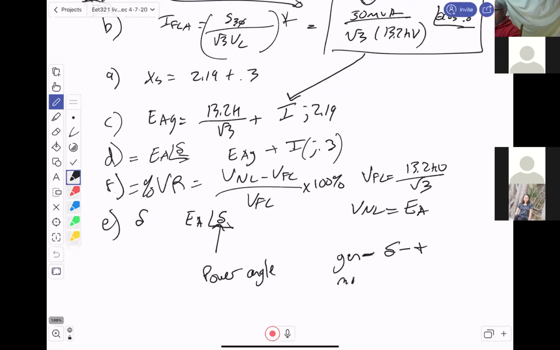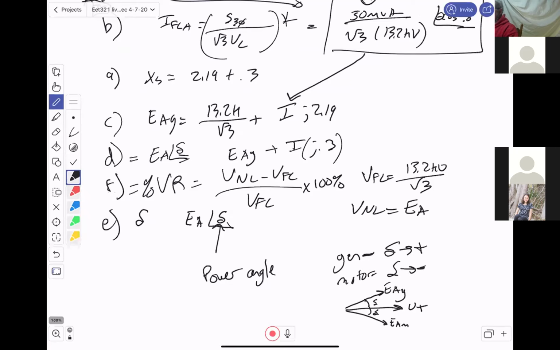If it's a motor, it's a negative number. And that was all based on our phasor diagram. Here's a terminal voltage. Here is EA if it's a generator. And here is EA if it's a motor. So it only has to do with whether delta is positive or negative.